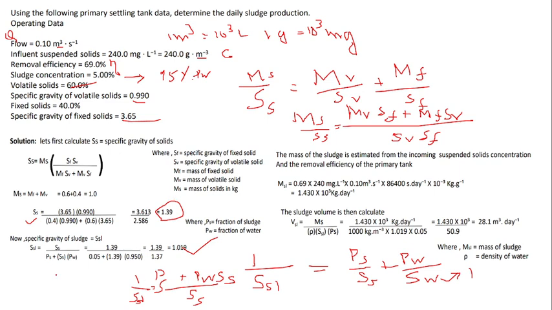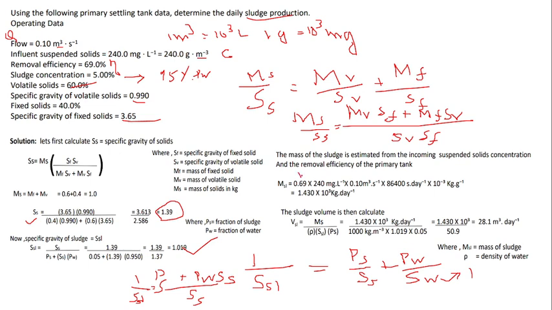Now, with this, the question is to determine the daily sludge production. So you are going to find how much volume of sludge is produced. Before that, we need to calculate the mass of the sludge produced in a day, in kg per day. So we multiply the removal efficiency, 0.1, and the flow rate and the amount of solid.